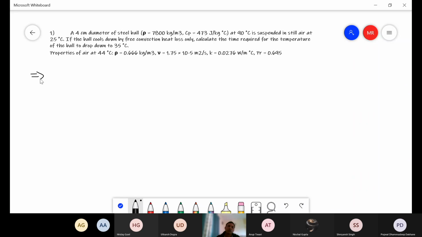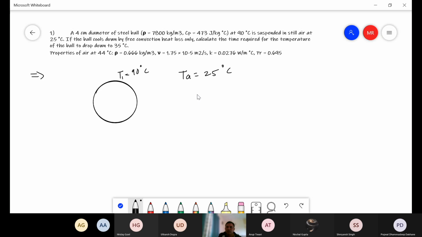Okay, so we have to calculate the time required for the ball to cool down to the temperature of 35 degrees Celsius. Initially the ball is at 90 degrees Celsius. So we have this steel ball. Initially temperature T1 is, let's say, 90 degrees Celsius. Ambient air temperature TA is 25 degrees Celsius.